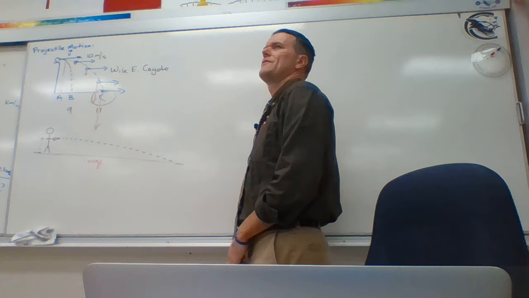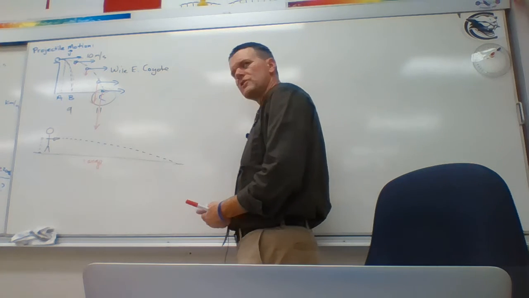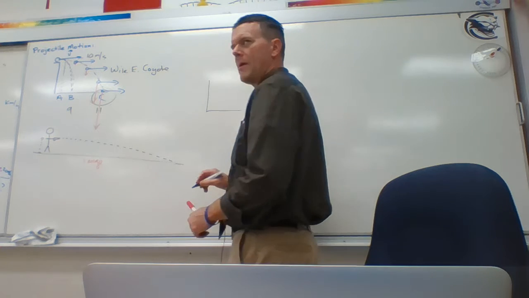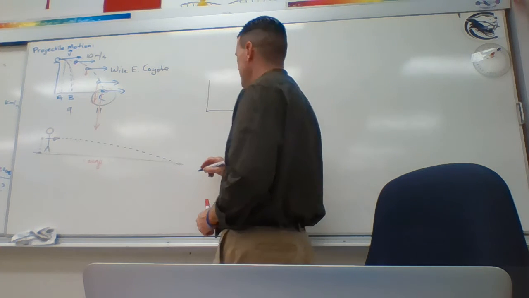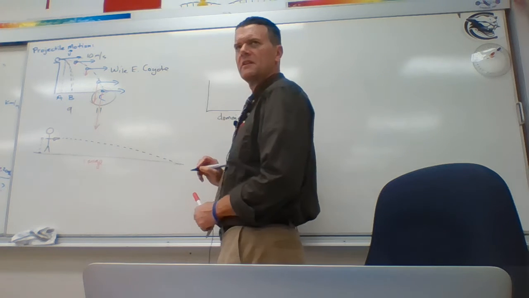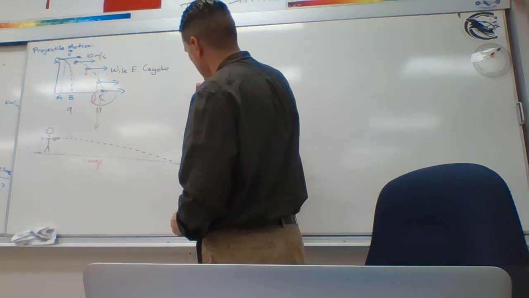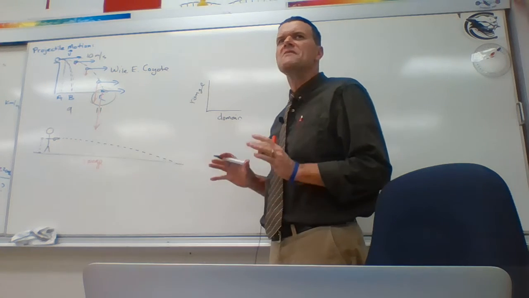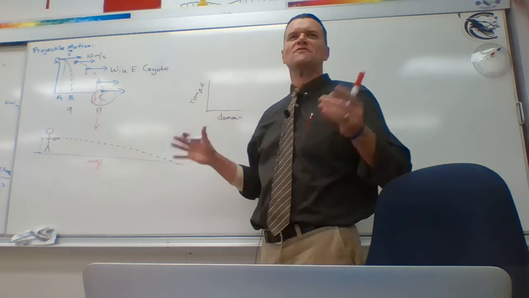Oh, and I'm sorry, I have a confession to make, you guys. When you're in math and you learn stuff about graphs, someone help me out: the horizontal displacement, that's called the domain, isn't it? And this is called the range. Is that right? Sorry about that. In physics, the range is not vertical.